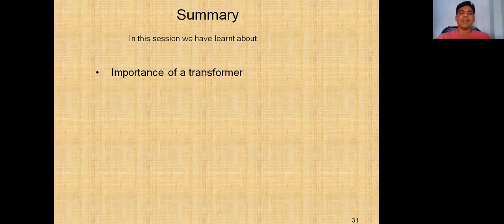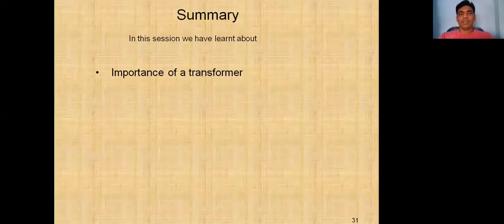Hence, power is wasted in transmission lines in the form of I square R losses.